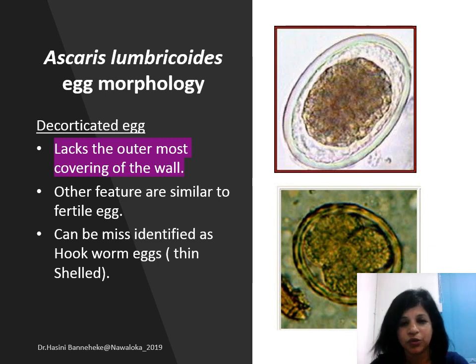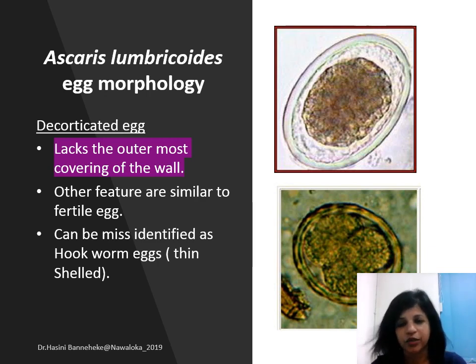So what I showed you was an Ascaris lumbricoides decorticated egg. That means it's a fertilized egg where the outermost mammillated layer is sloughed off. Now, if you look at the two images that I have given you, the first one is from a normal saline smear, the second one is from an iodine smear.